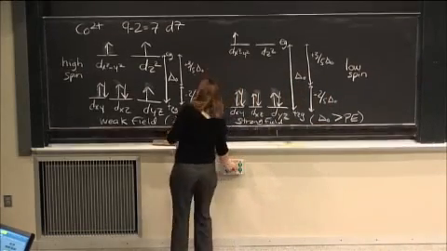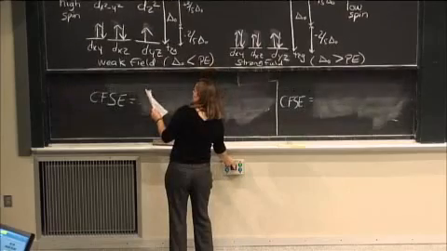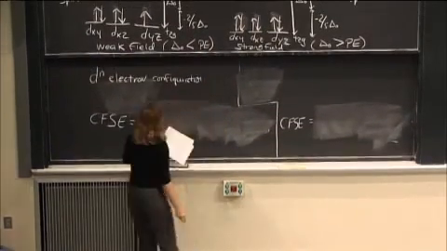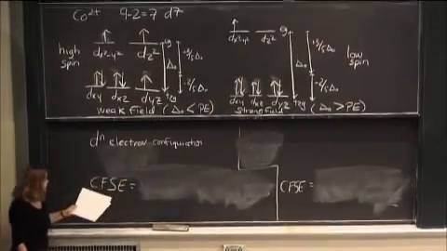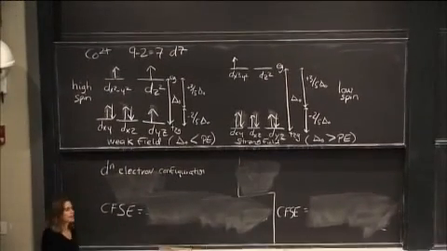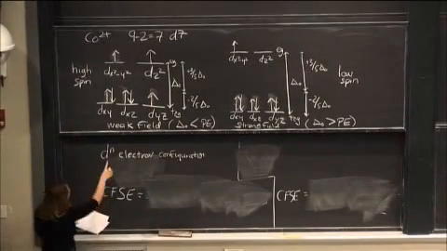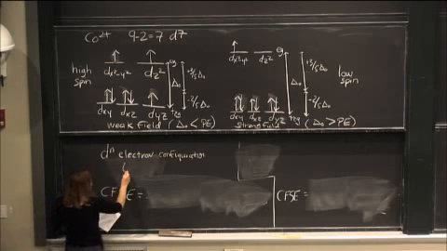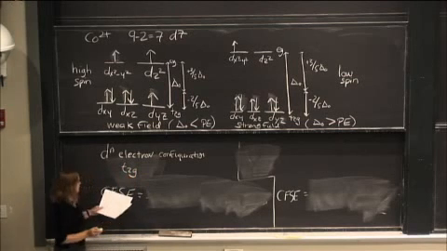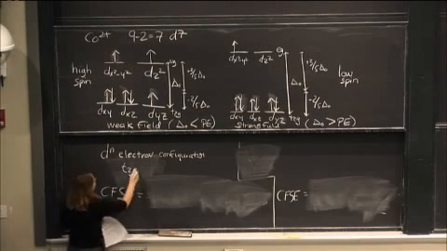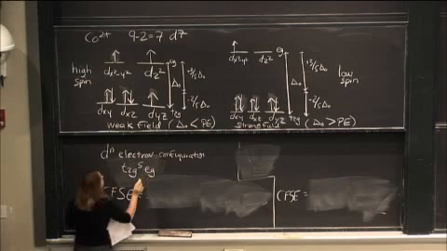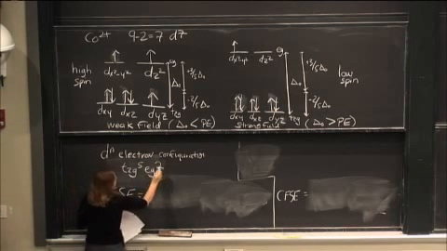All right, let's finish this up now and do our d^n electron configurations and our crystal field splitting energies. For this case, in our t2g set how many? 5. And in eg, 2.